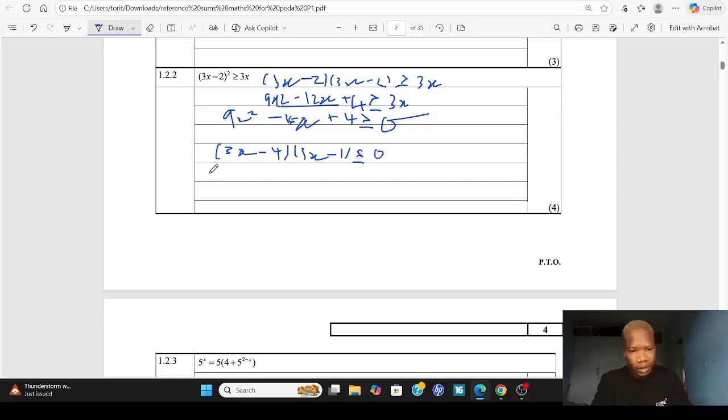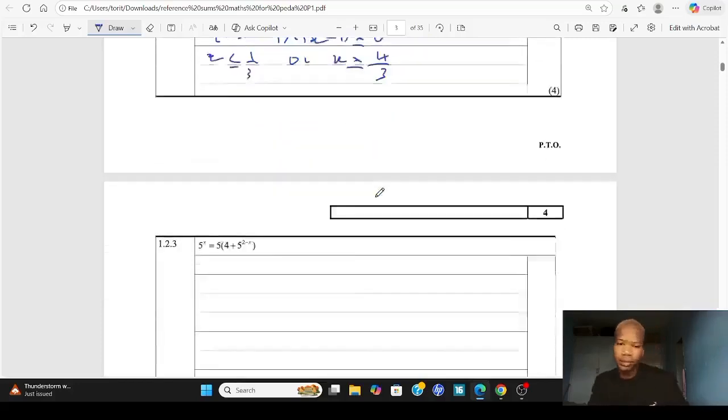Then we know that x is less than or equal to 1 over 3, or x is greater than or equal to 4 over 3. So that is our solution there.